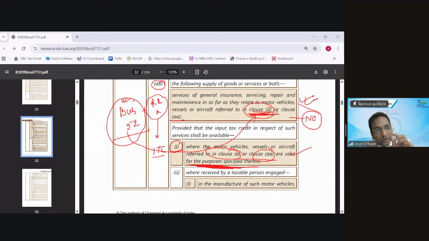If in my example I have used one motor vehicle, if that motor vehicle is covered in clause A, then it says that ITC is not allowed.